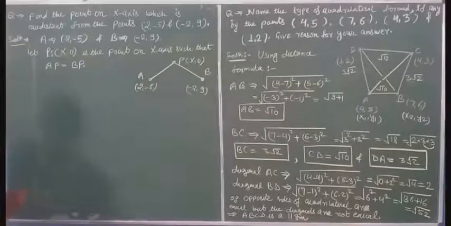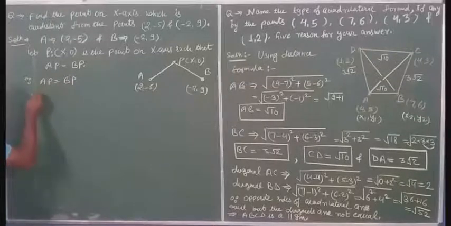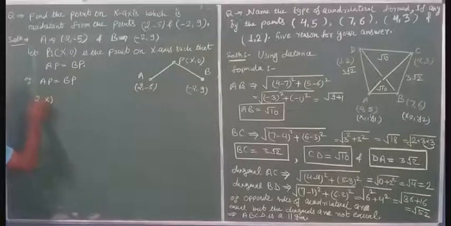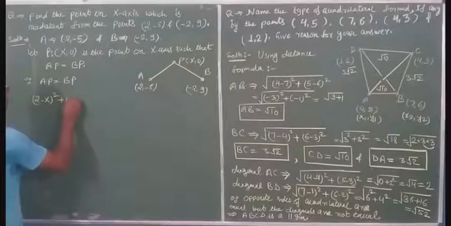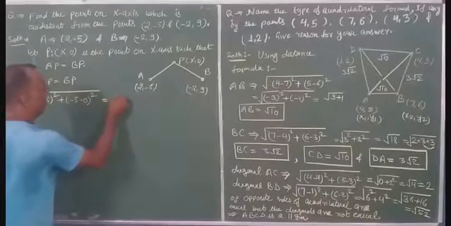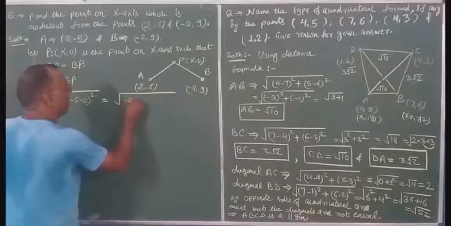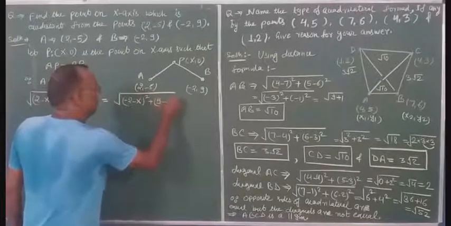Now, just use the distance formula. Since AP is equal to BP, AP is the square root of (2 minus x) whole square plus (minus 5 minus 0) whole square, is equal to BP, the square root of (minus 2 minus x) whole square plus (9 minus 0) whole square.